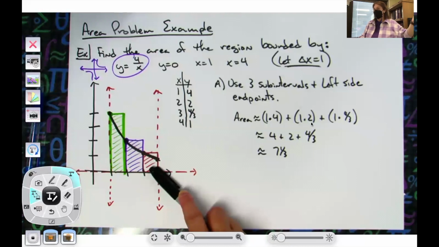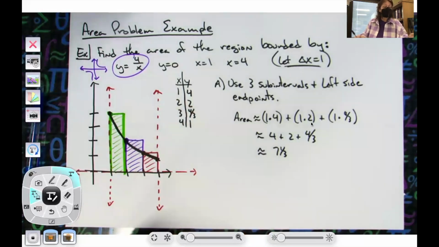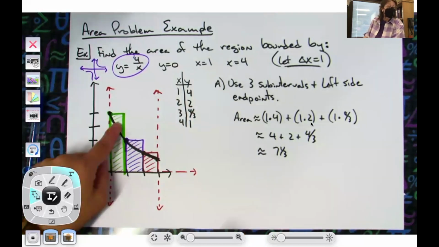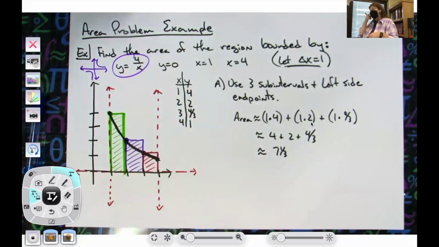Ah, that vocab word. The circumscribed ones because they go over. It gives us an overestimate. So these are circumscribed rectangles because they are above. And again, like I said on the online notes, that stuff that I had typed out at the beginning, you can print those out if you want that in your notes.